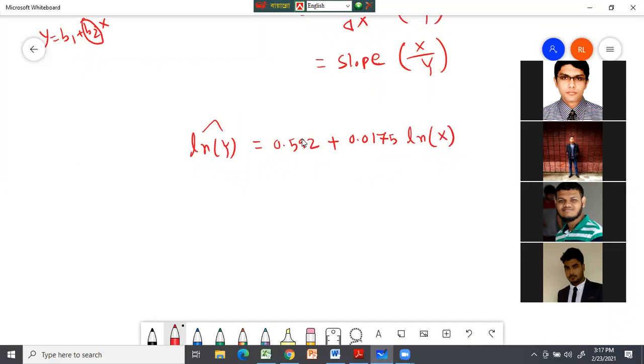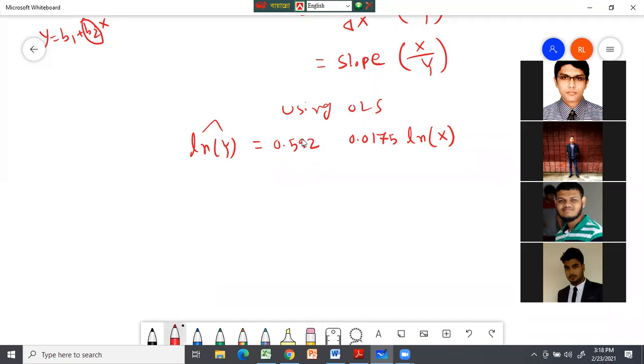So based on the sample, using the ordinary least squares method, the OLS method, considering the partial differentiation approach, you have estimated that the value of B1 in your log linear model is 0.592 and, sorry, there would be a minus sign.